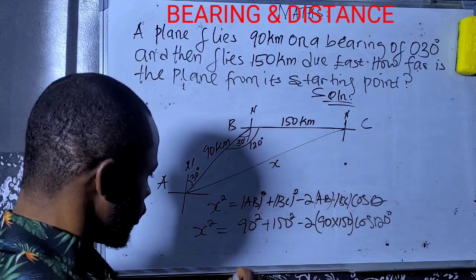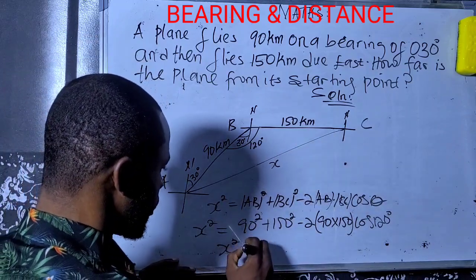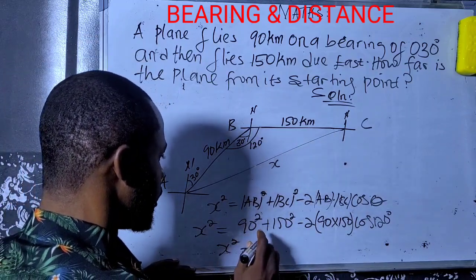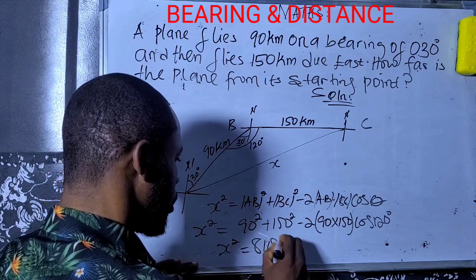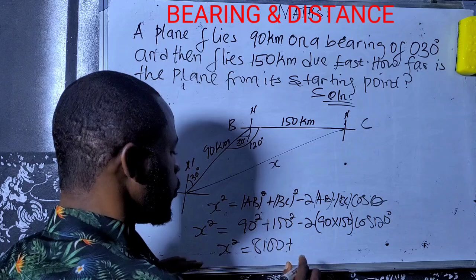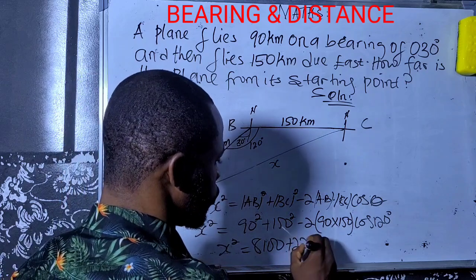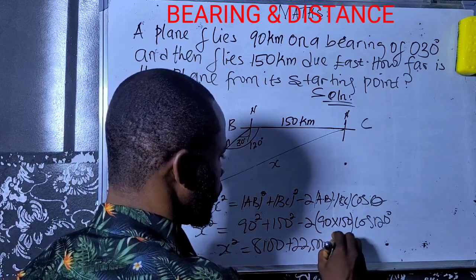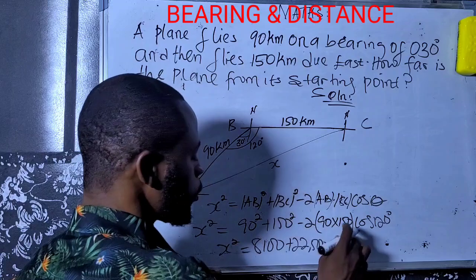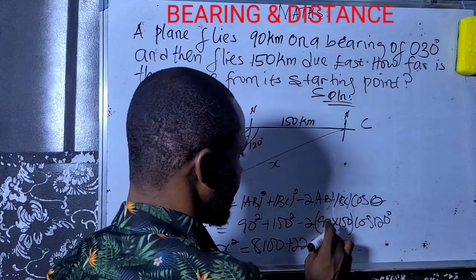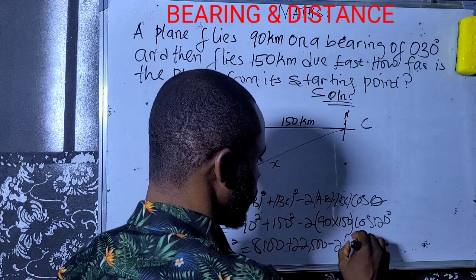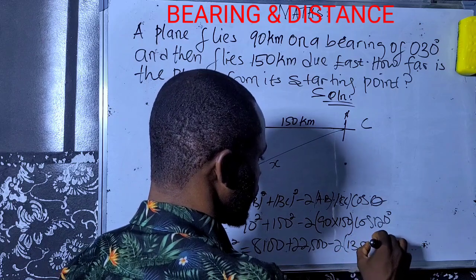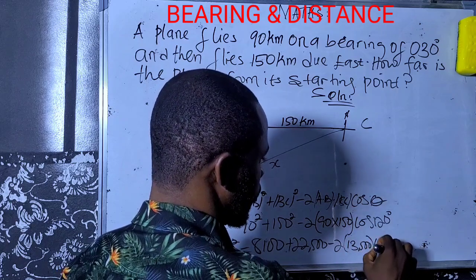When you simplify this further, you have that x squared equals 90 squared, that will give us 8,100, plus 150 squared, that will give us 22,500, minus 2 times 90 times 150, that will give us 13,500, cos 120.